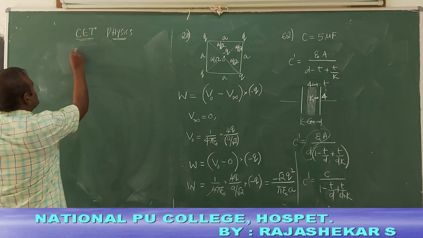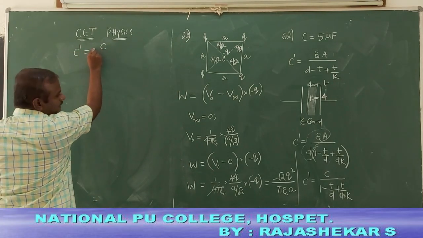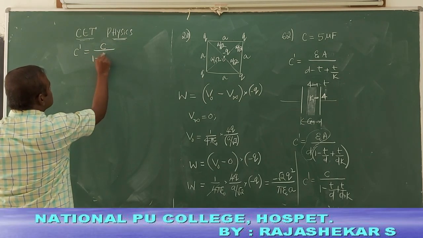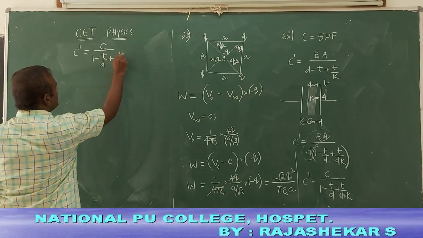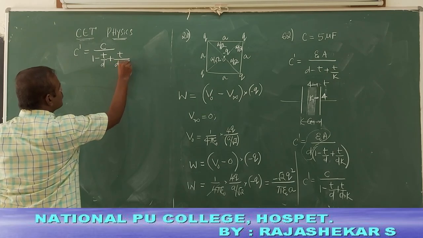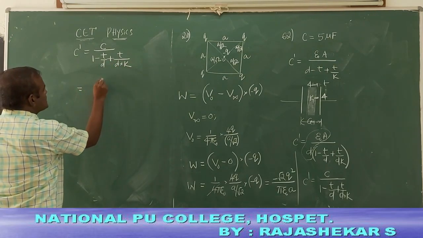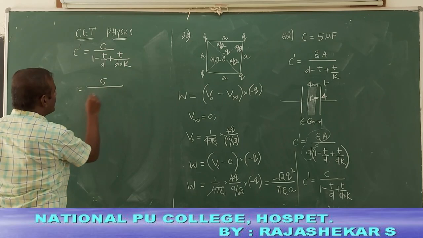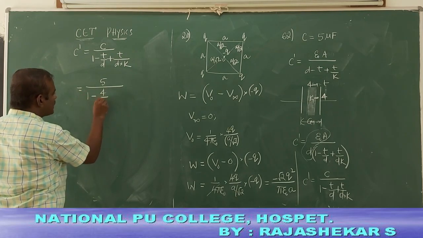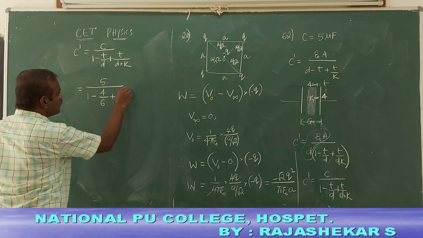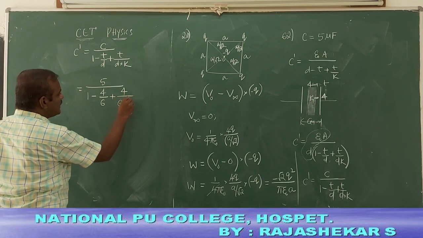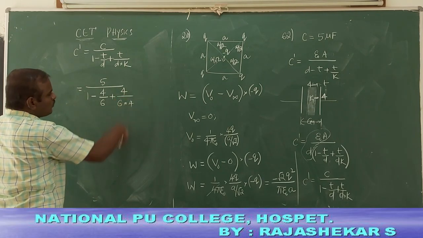Continuing question number 62, C dash is equal to C divided by 1 minus T by D plus T by D into K. Substituting, this is 5 microfarad divided by 1 minus 4 centimeter by 6 centimeter plus 4 centimeter by 6 centimeter into 4.